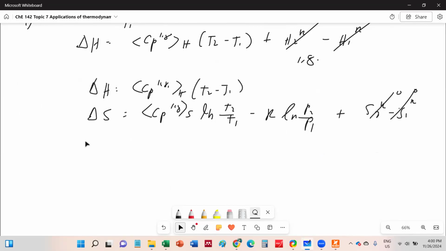And that would give us a clue on how to solve for the final temperature, right? And then we need a final temperature to be able to solve the outlet conditions. So since delta S is zero, what happens to this equation?